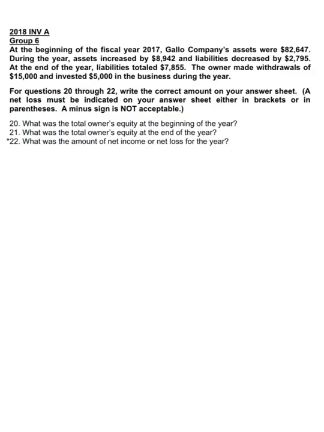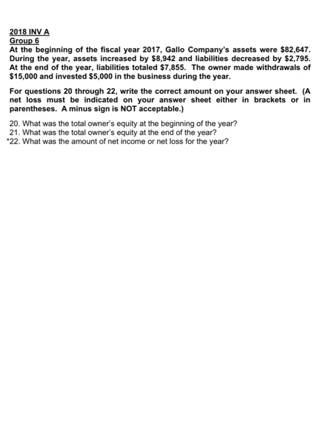So for this problem, we have at the beginning of the fiscal year 2017, Gallow Company's assets were $82,647. During the year, assets increased by $8,942 and liabilities decreased by $2,795. At the end of the year, liabilities totaled $7,855.